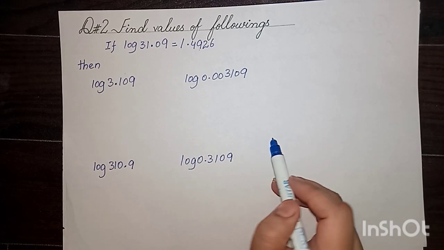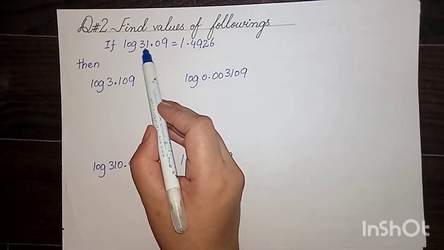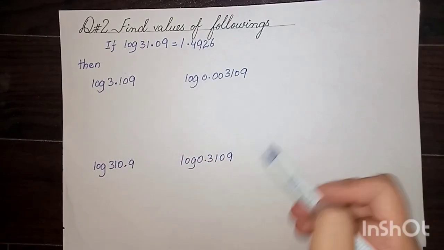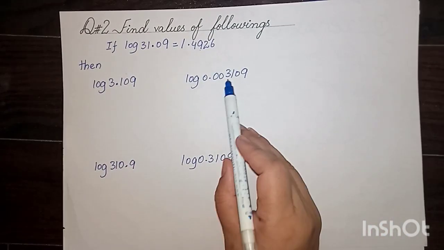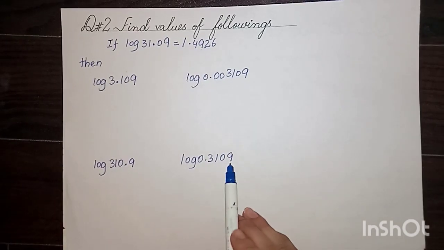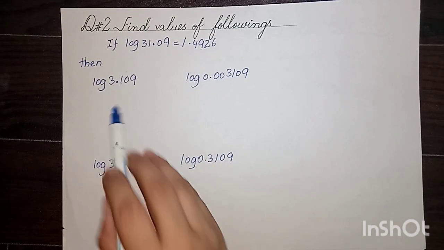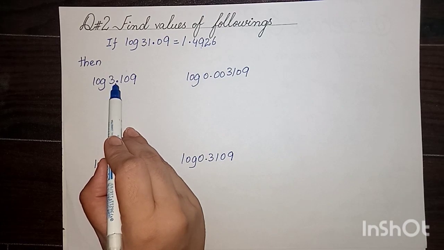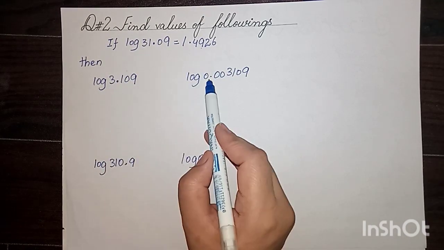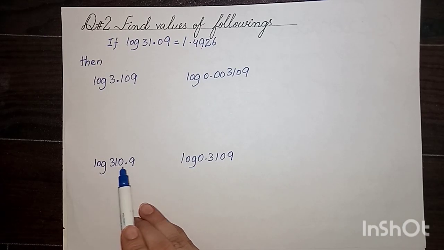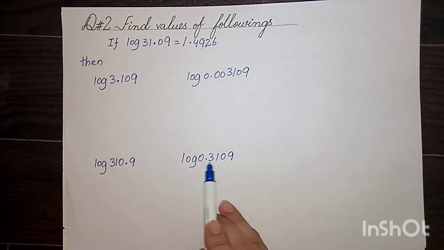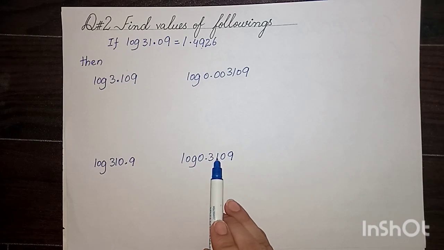If we concentrate on these 4 values, you will see that the number 3109 is the same in all of them. The only difference is the decimal point. This is 3 point, this is 0.003, this is 310 point, and this is 0.31.